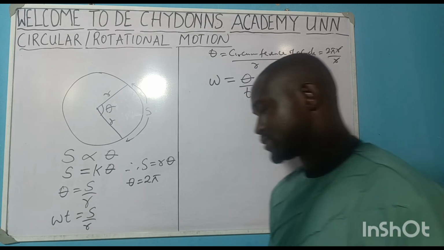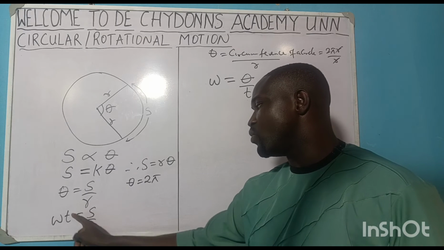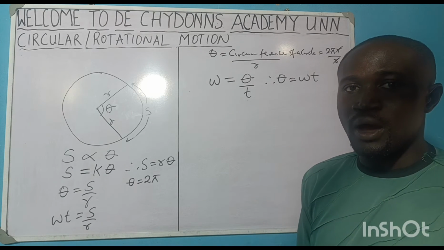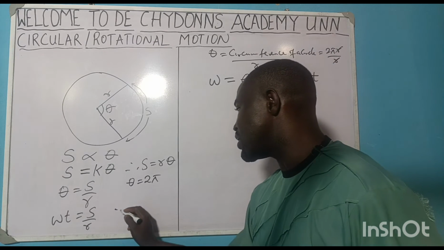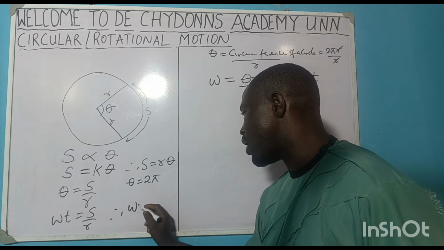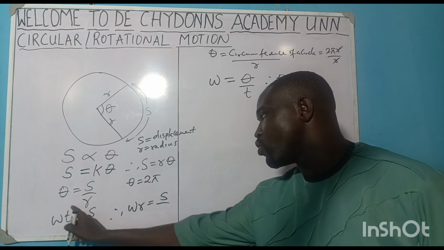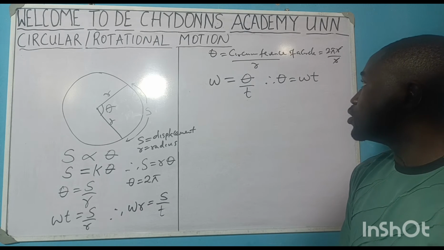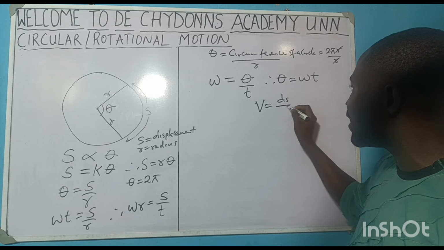That is the first. Now, as I have gotten this, T will come down, R will go up. That is from the principles of cross multiplication. So we'll have, therefore, WR equals S. Because R goes up, T comes down, we have displacement over time. Do you still remember that velocity is equal to displacement over time?